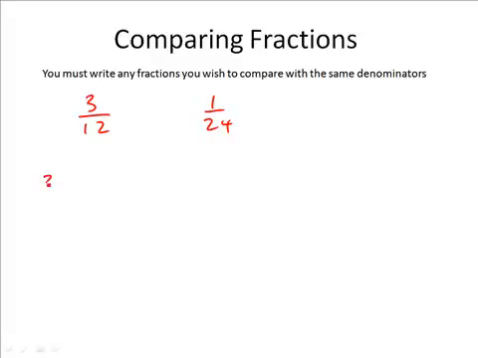So the only one I actually need to make an equivalent fraction from is the 3/12. I make that into 24ths, so that's the same as 6/24. So obviously that's bigger than 1/24. So I wouldn't always multiply, because if you multiply 12 and 24, you're probably going to mess it up. But if you're a bit smart about how you do it, you won't. All right.